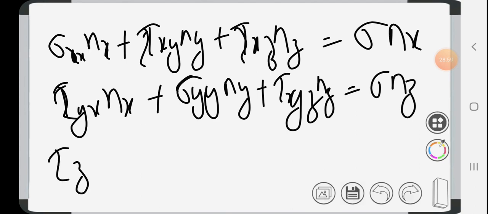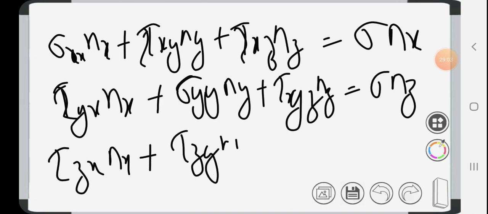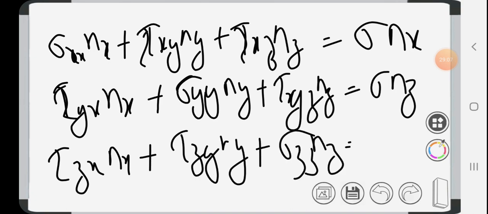Similarly, tau zx nx plus tau zy ny plus sigma zz nz equal to sigma nz.